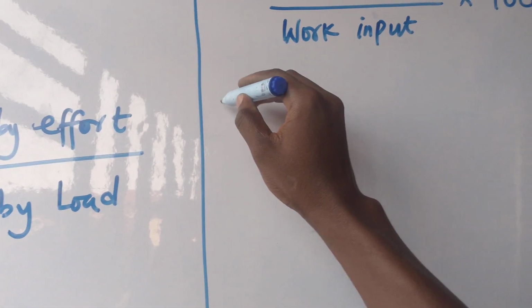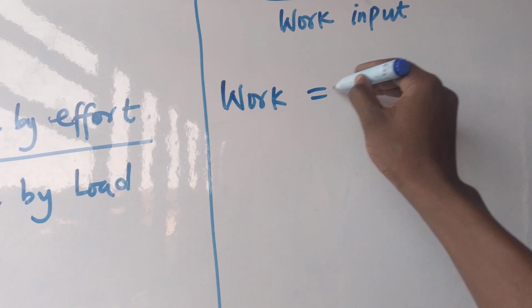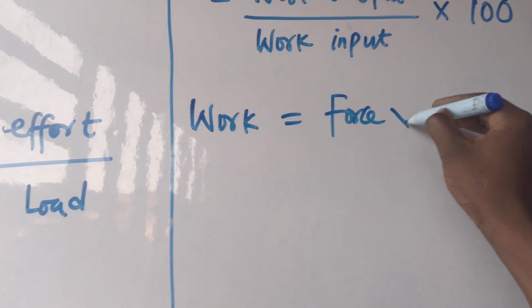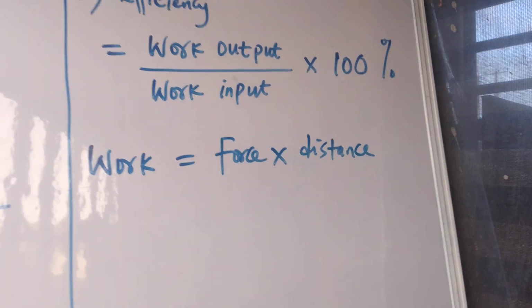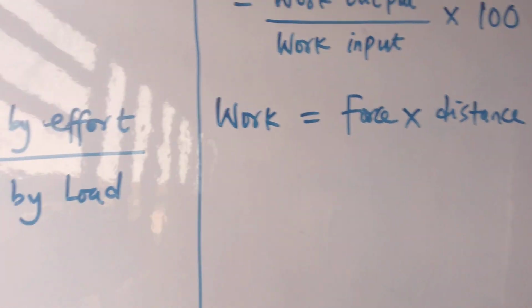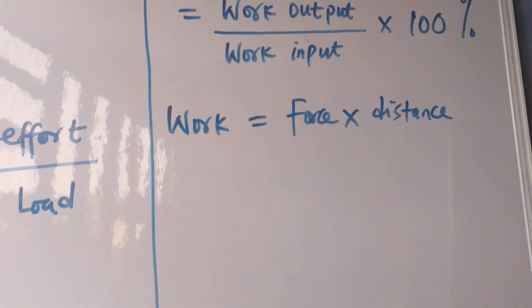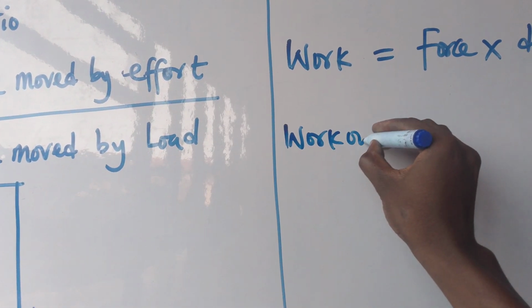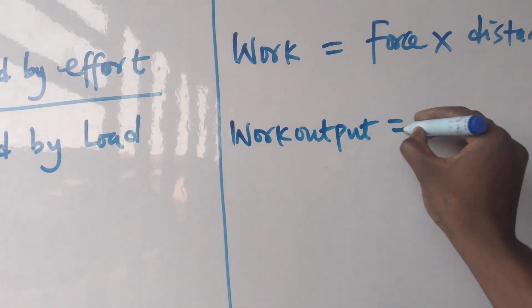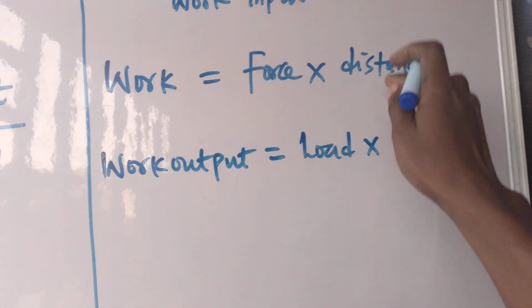Now we know that work is equal to force times distance. This force will be in two phases: both the load and the effort. So the work output will be equal to load times the distance.